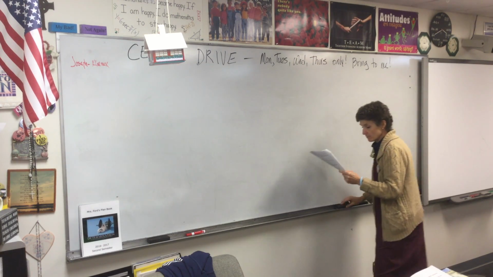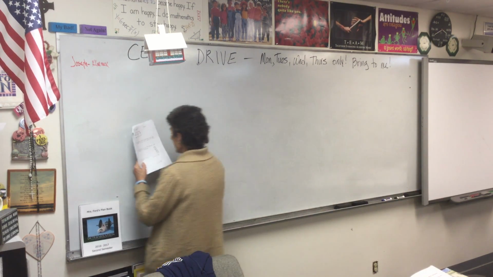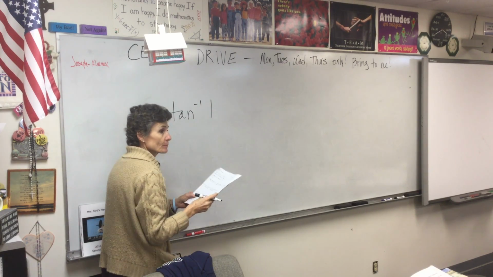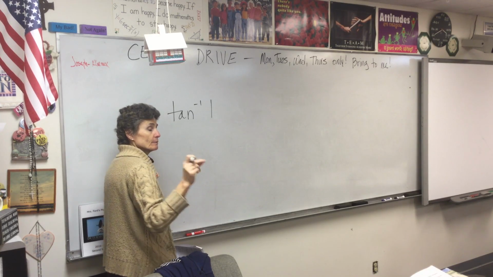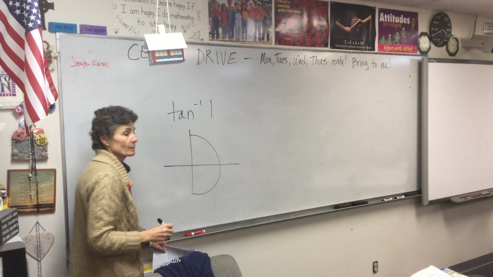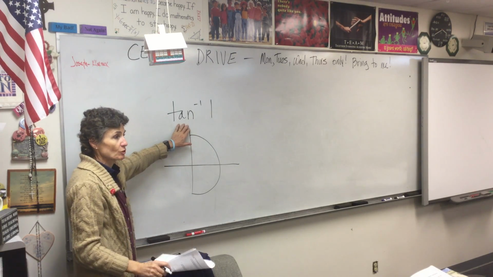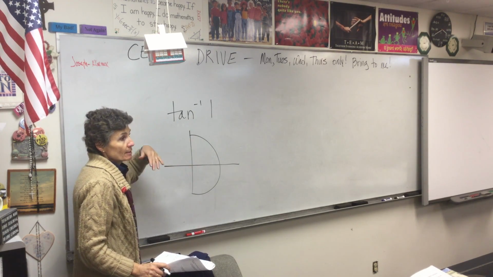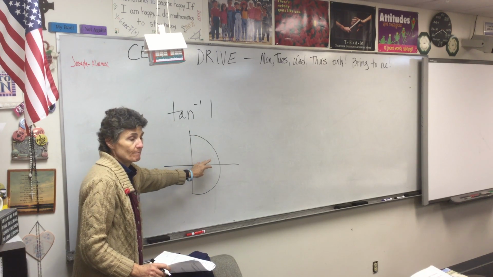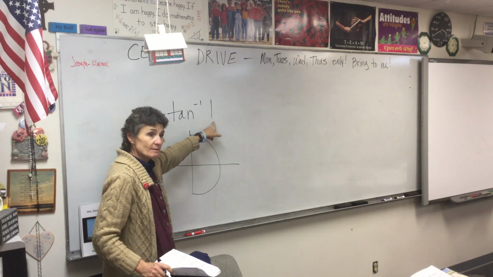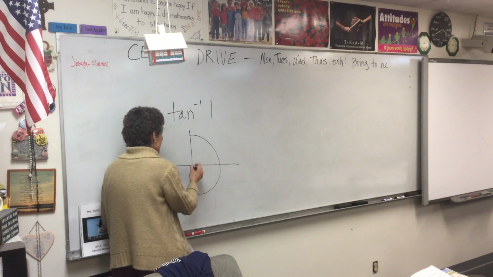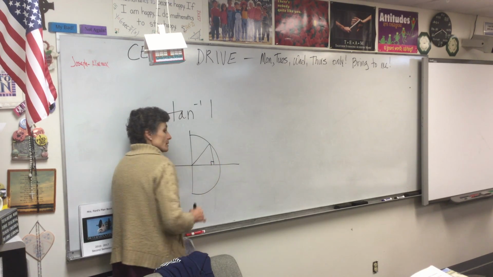Question number 5 says, okay, 5A, this is another special tangent. So I'm going to draw my picture over here, because that's where I draw special tangents if I'm doing them without a calculator. That's a positive number, so that's going to be in quadrant 1.